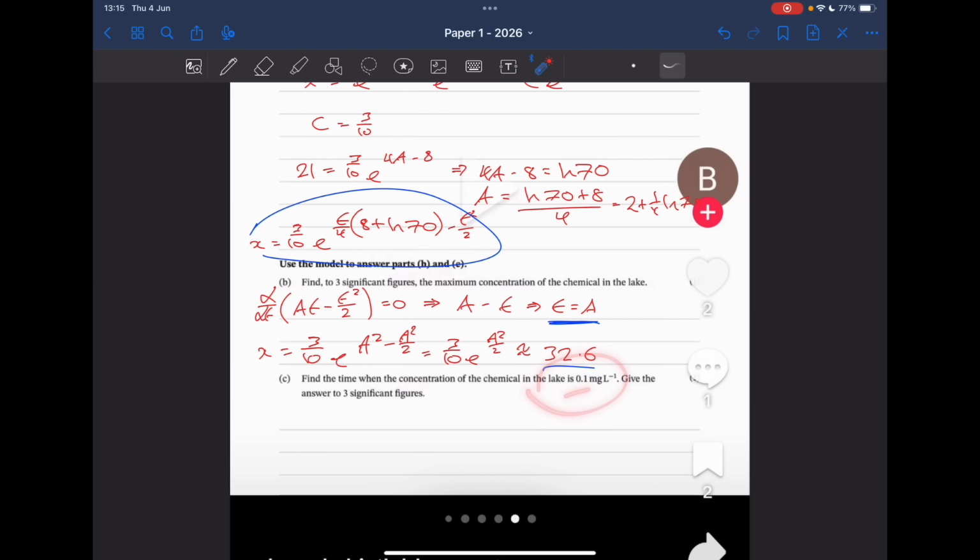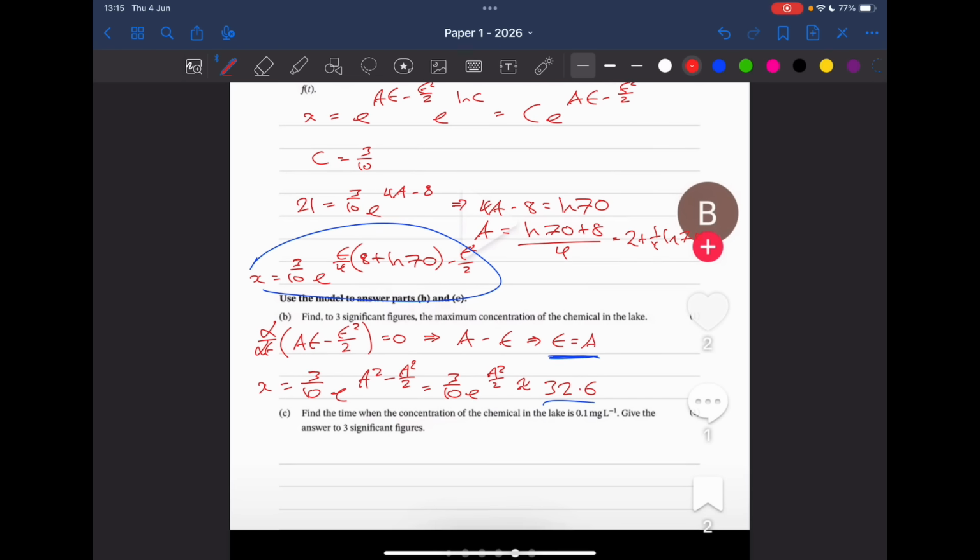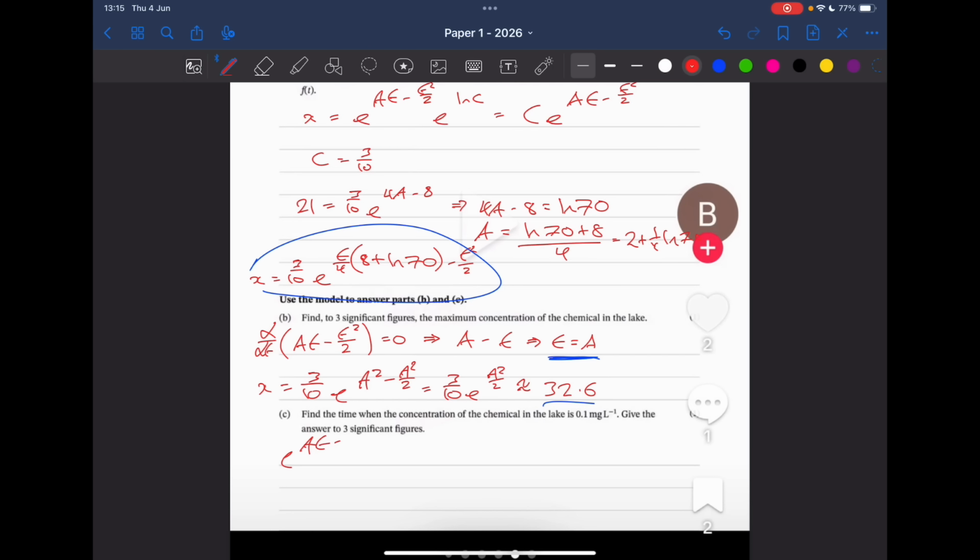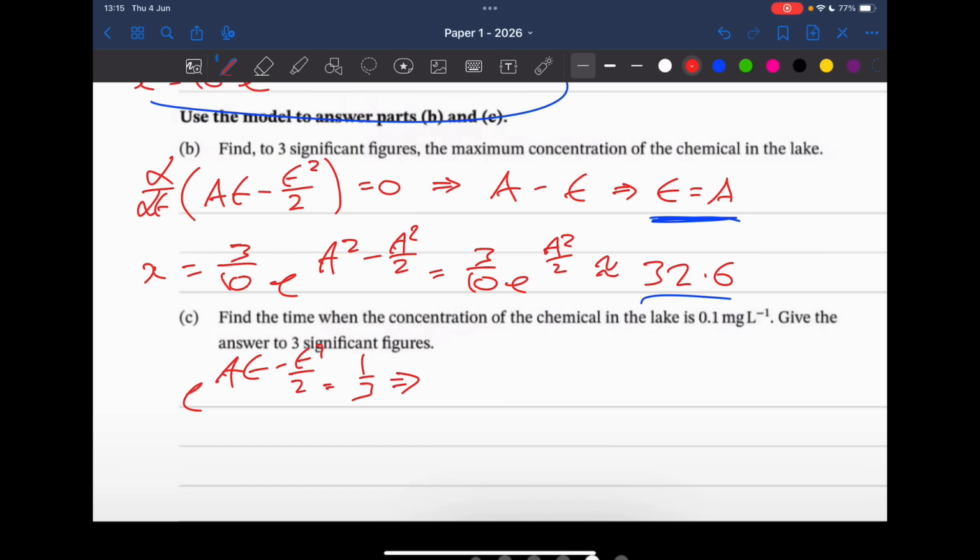When is this equal to 0.1? So we need to set our x equal to 0.1. It has 0.3 at the front, doesn't it? So the non-c bit is going to equal a third. So we're going to have e to the at minus t squared on 2 equals 1 on 3. Taking logs of both sides, we're going to have at minus t squared on 2 is equal to the log of a third, so that's negative log 3.